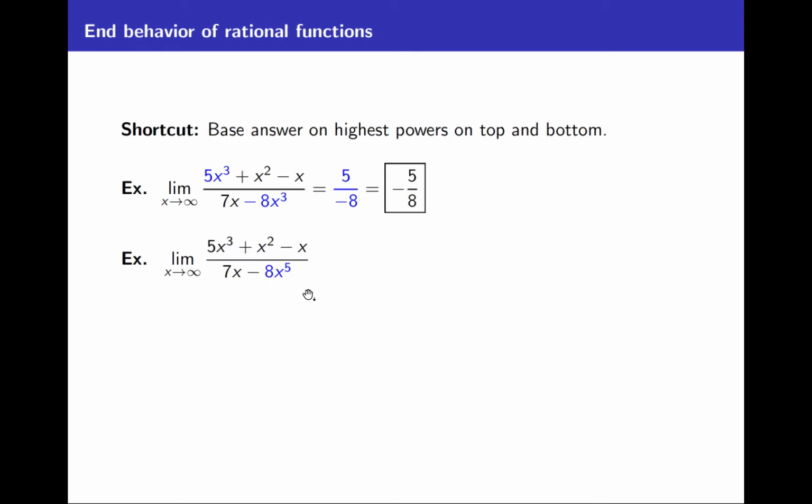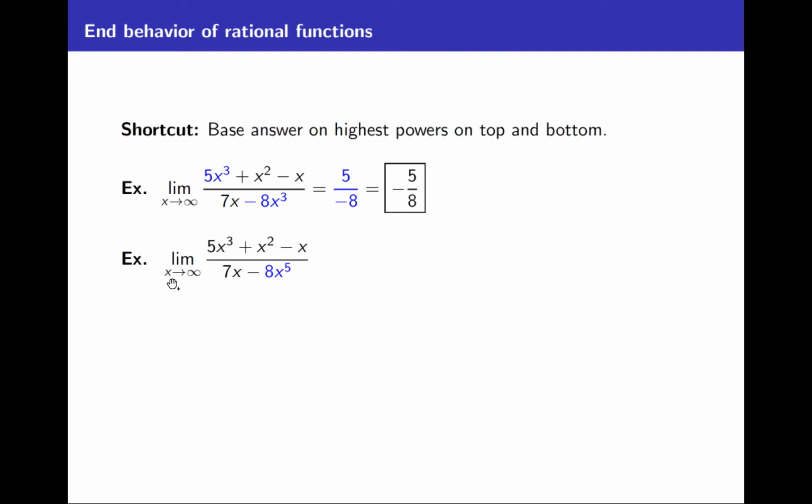Now, what's going to happen here, if you think about it, by your strategy from the previous page, you'd multiply by 1 over x to the fifth divided by 1 over x to the fifth. You'd get a bunch of fractions at the top with powers of x in the denominator, and they'd all turn into 0, and the 7x would turn into a 7 over x to the fourth.